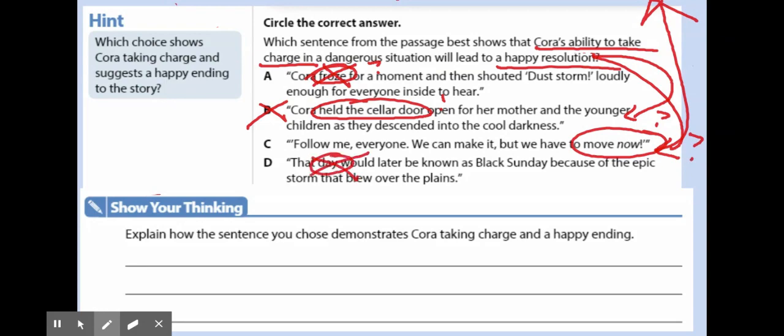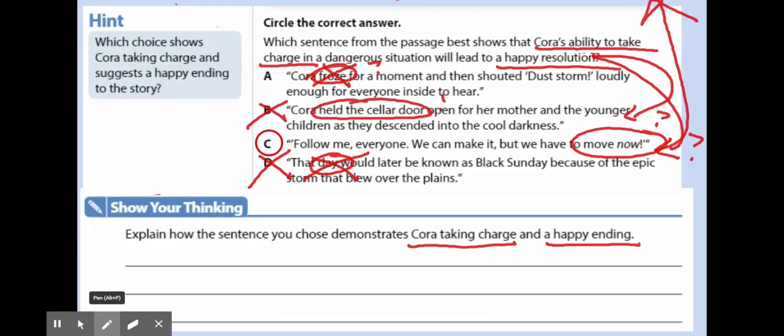That day would later be known as Black Sunday because of the epic storm that blew over the plains. Well, that has nothing to do with her situation, which is why the answer is going to be C. So in the show your thinking, you're going to explain how the sentence you chose demonstrates Cora taking charge and has a happy ending.